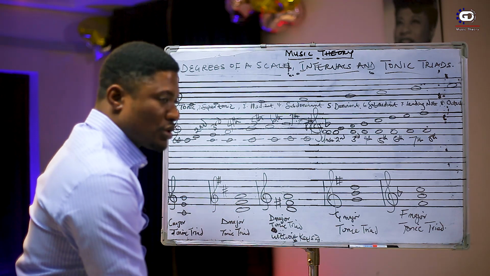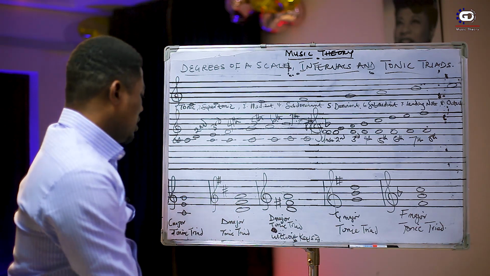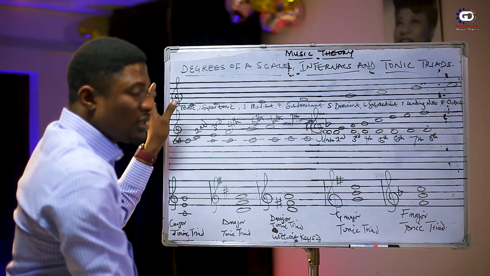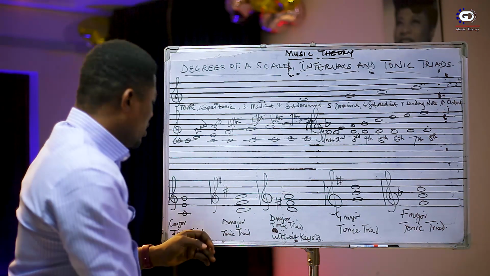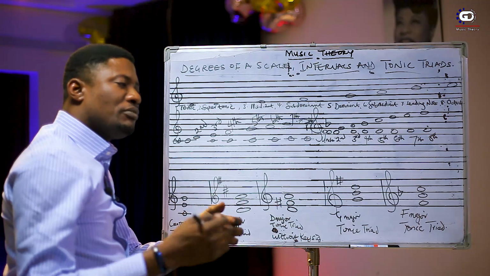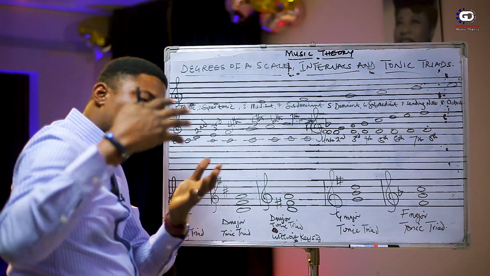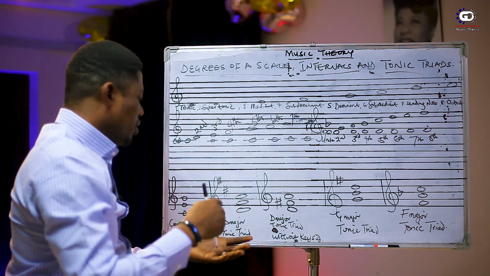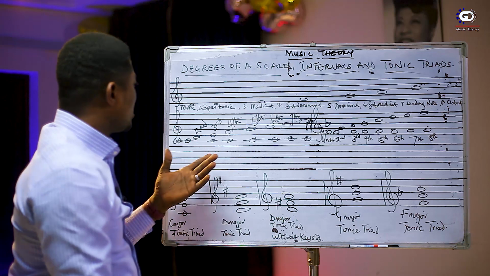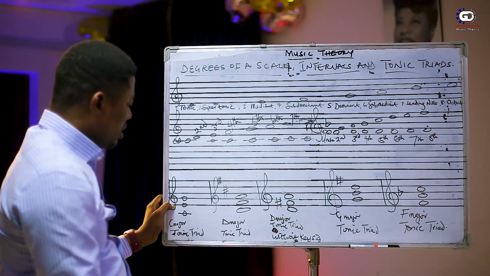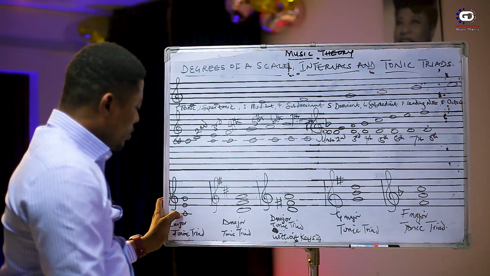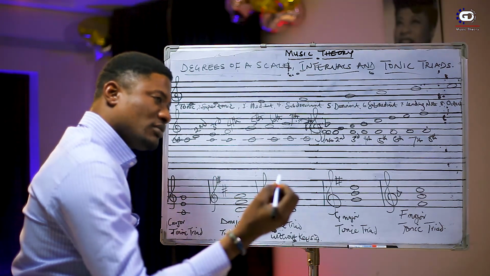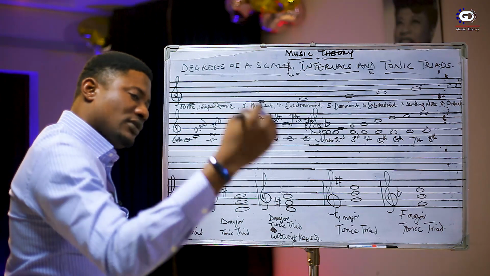Here we have the tonic triad also. Now, you remember when we were learning the degrees of a scale, we said the first note of the scale is a tonic. Now, a tonic triad is a triad built on the tonic of a scale, or the first note of the scale. For instance, this is the key of C major. We build a triad on C, and every triad must have the tonic, the third, and the fifth.